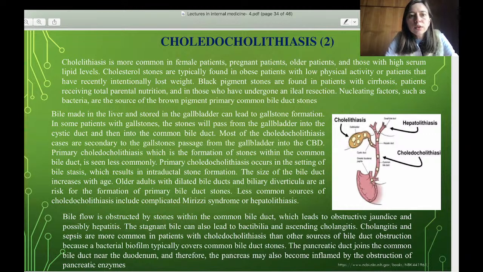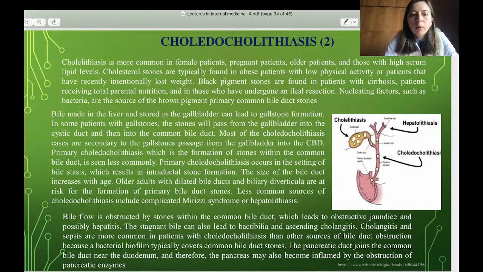Primary choledocholithiasis, which is the formation of stone within the common bile duct, is seen less commonly.